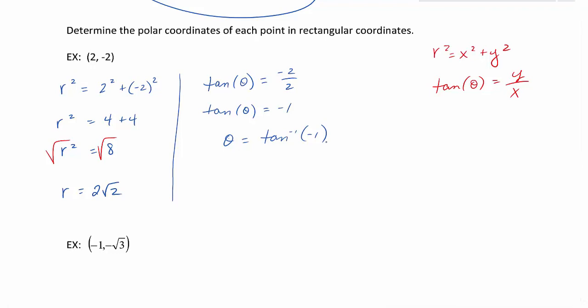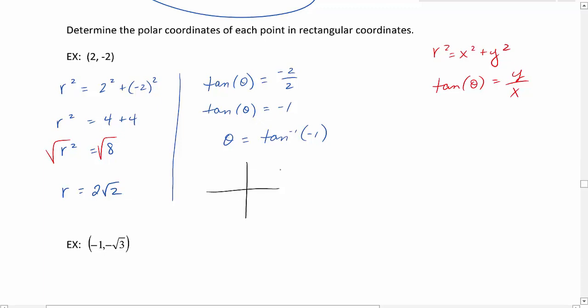All right, well, we know that tangent is 1 when we have a 45-degree reference angle, and since its tangent value is negative, we need to be in either the second or the fourth quadrant. So that means that we can choose from an angle in the second quadrant at 45 degrees or in the fourth quadrant at 45 degrees.